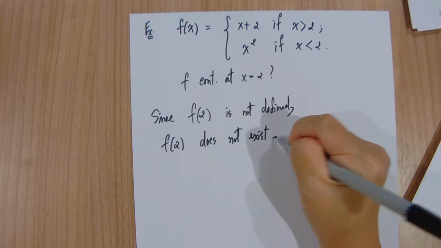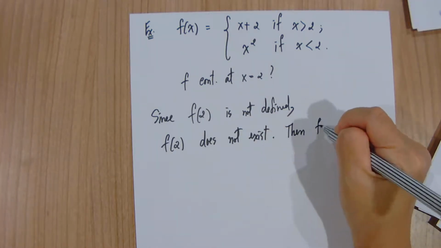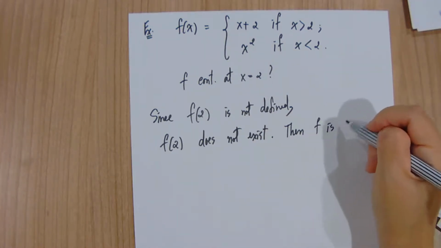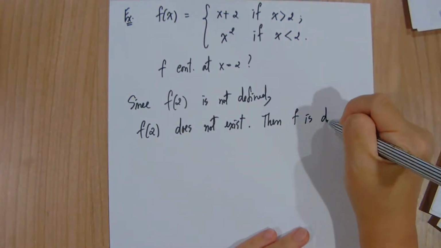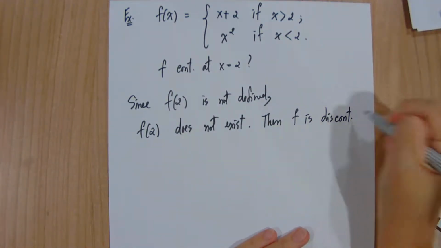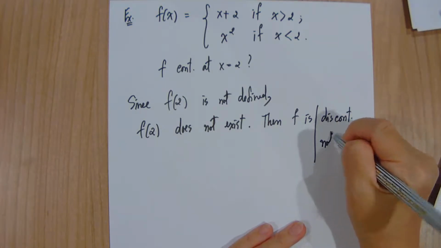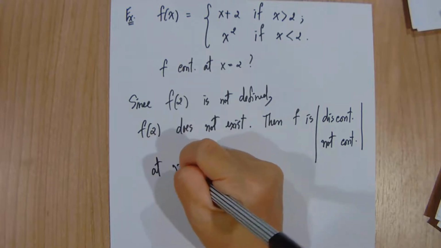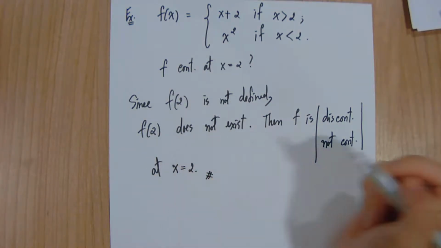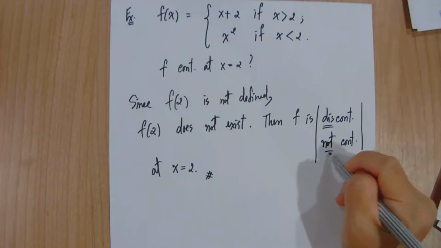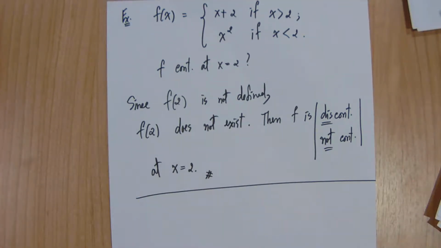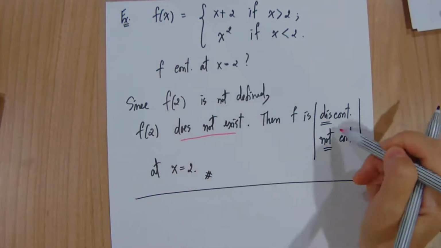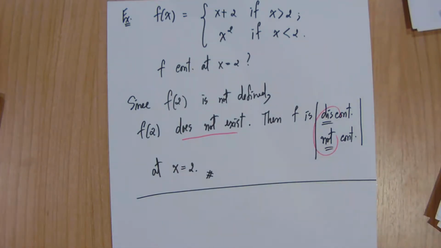We can conclude that f is discontinuous, or not continuous, at this point x equal 2. So we can conclude that this is not continuous.